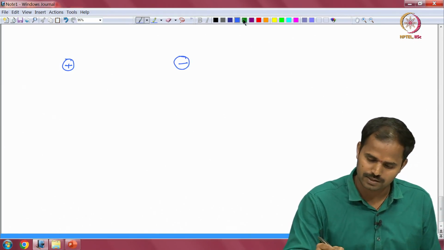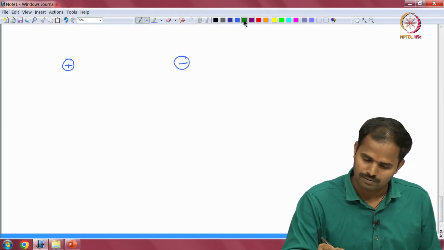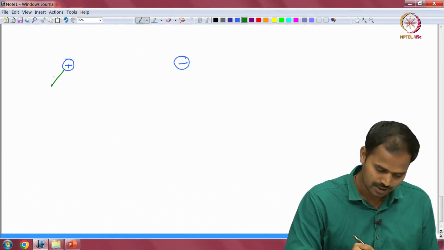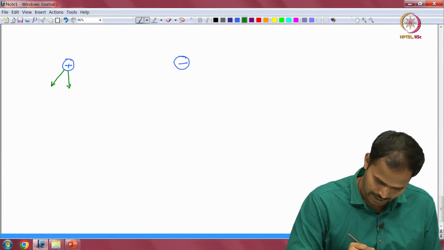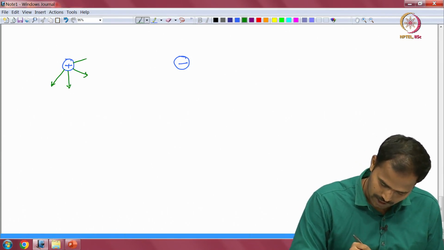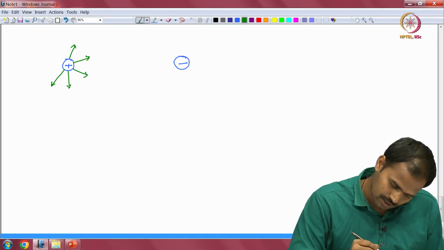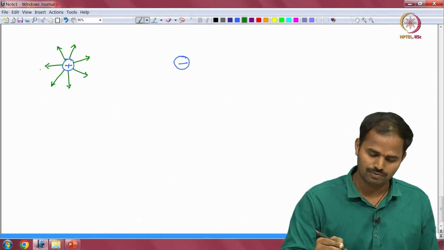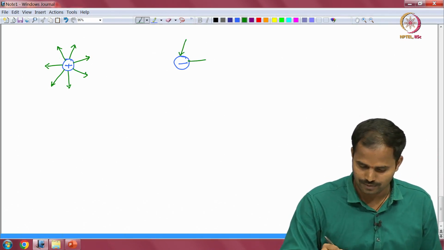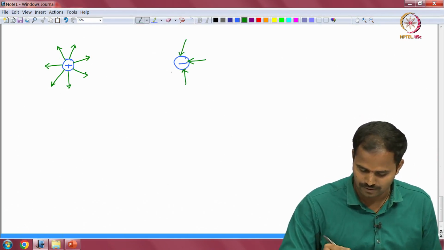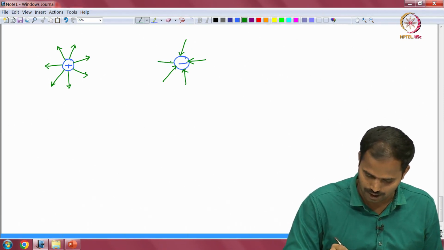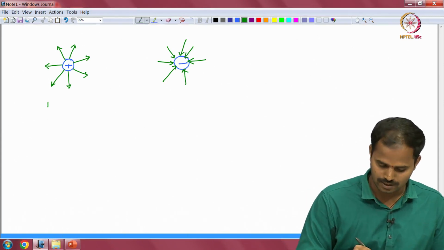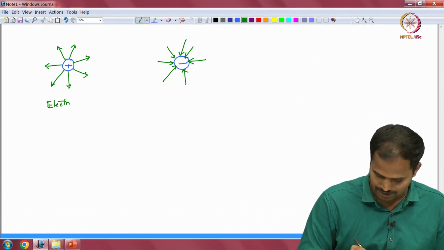This is the negative charge, and if I plot the electric field lines, for the positive charge they will be radially outward, and the tangent to these field lines is nothing but your force, and for the negative charge the field lines will be inward toward the charge. So, these are the electric field lines.